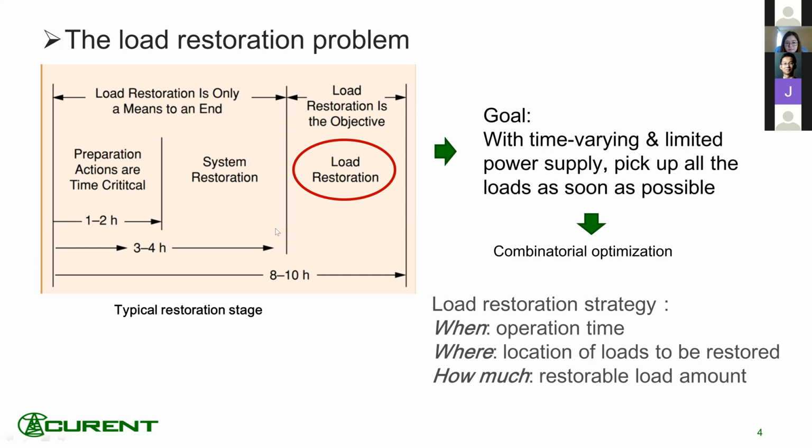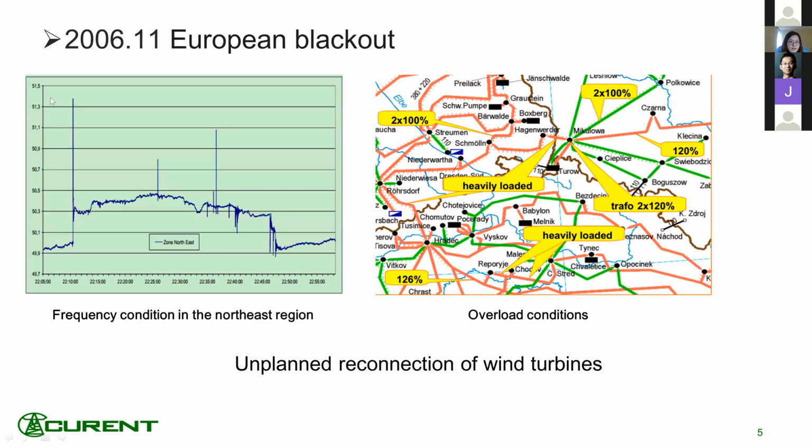Okay, so the consideration of renewable energy sources is actually inspired by several recent worldwide blackout events related to renewable energy. In 2006, there was a blackout event in the European system. After the blackout happened, the system actually separated into 3 parts.